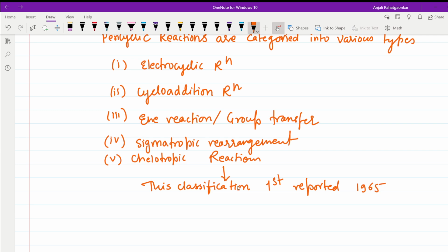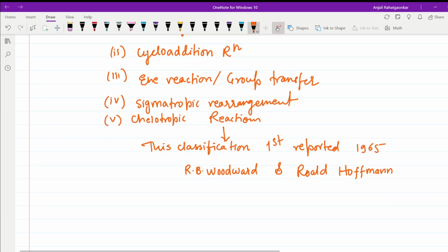By whom? By R.B. Woodward and Roald Hoffmann. These two American scientists reported this classification, this group of reactions, in 1965.